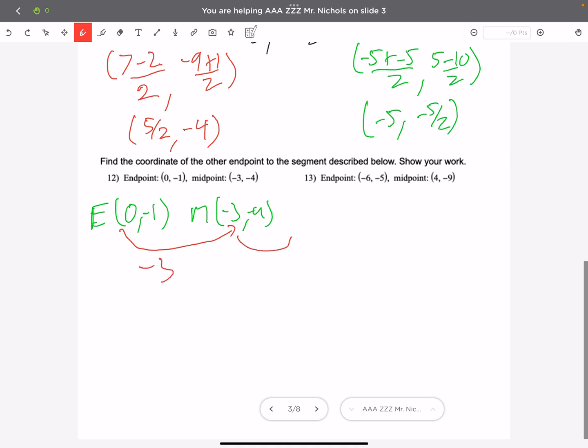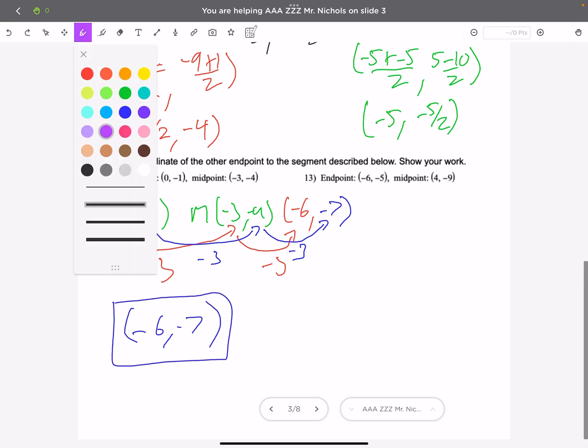So I need to subtract 3 again, and I get -6. And then for the y's, -1 to -4, I'm also subtracting 3. So -4 minus 3 is -7. And so my answer is -6, -7.